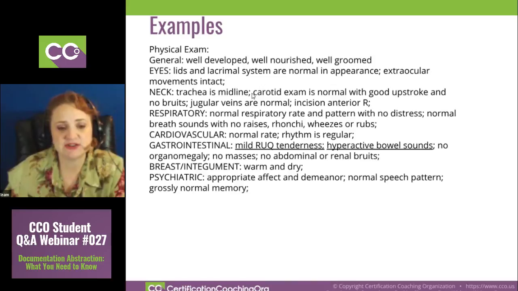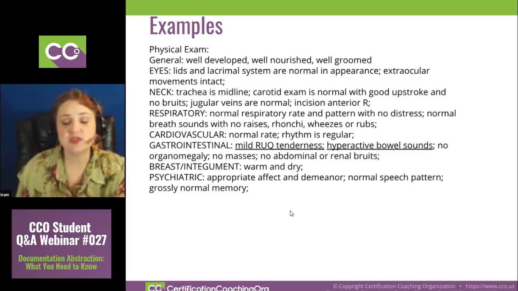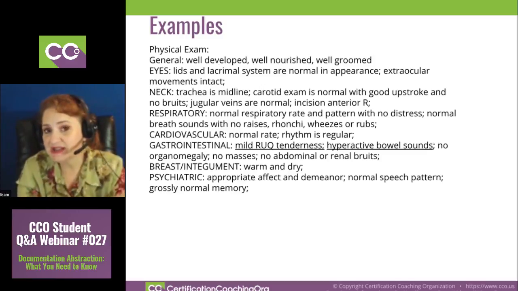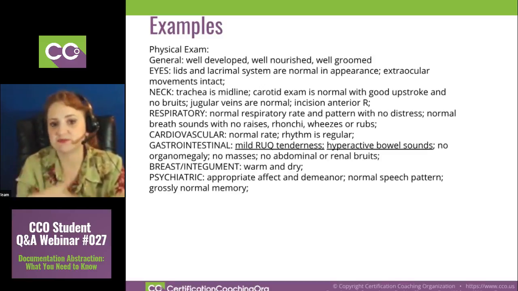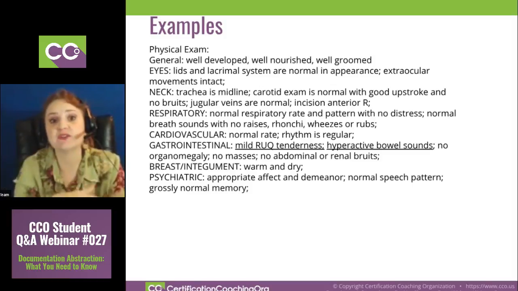Cardiovascular could, psychiatric could, because of appropriate affect and demeanor for what's going on, but usually that stuff, respiratory, not usually going to have any problems. So we know this because we've abstracted so many times. After a while, this just becomes common knowledge, and it allows you to go even faster.